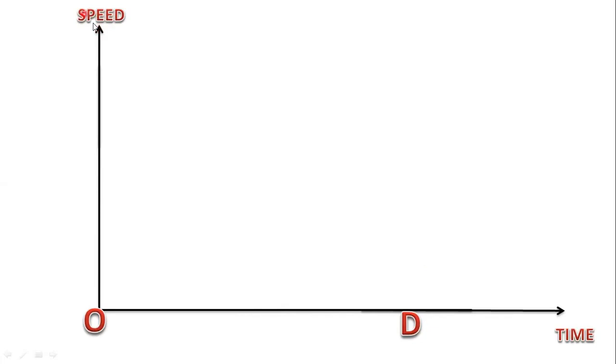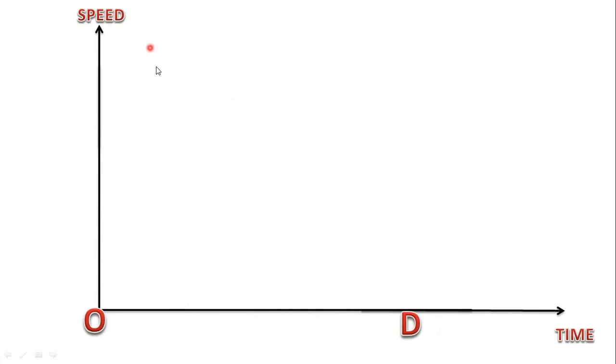Starting from the origin, from zero, time passes along the horizontal line and the speed increases along the vertical line. So this is the speed-time graph.